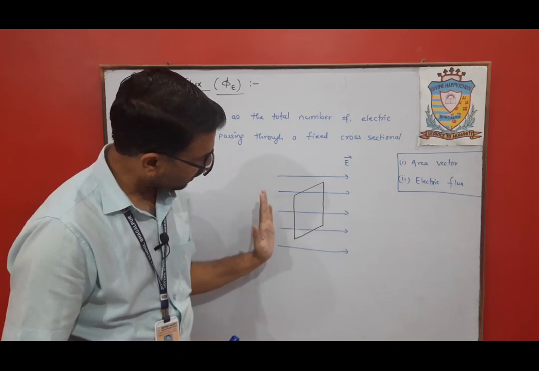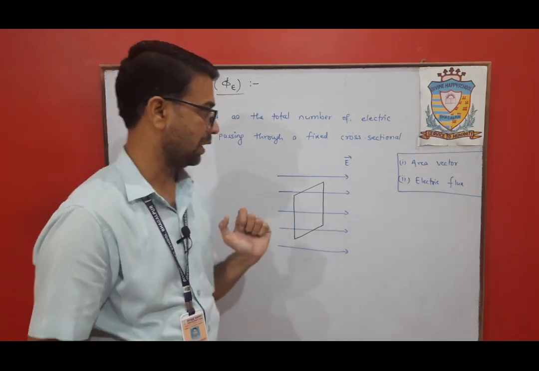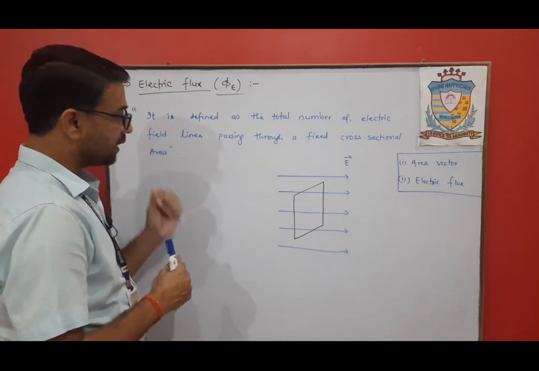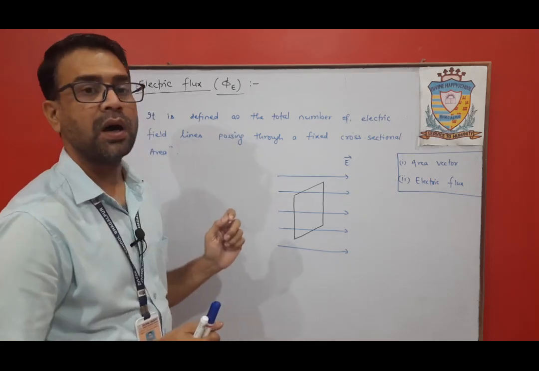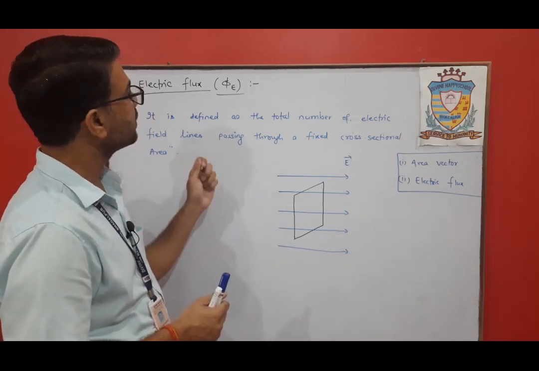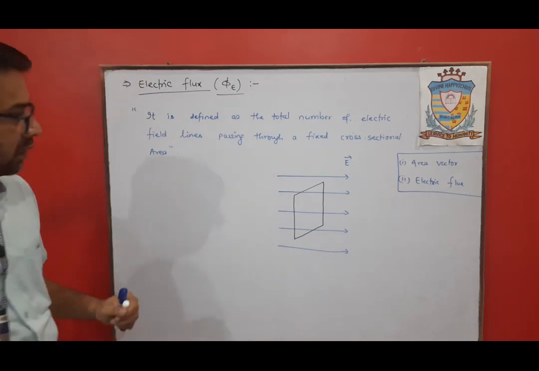So the total electric field lines passing through this area is known as the electric flux. Okay, now we'll see the dependency of electric flux, meaning on which factors electric flux depends.